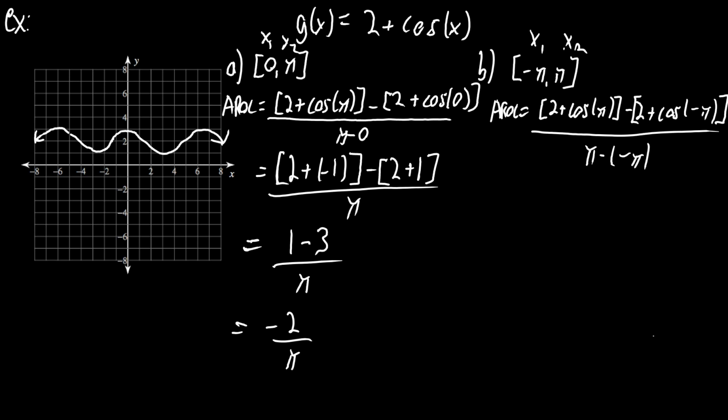Okay. Simplifying all this, we're going to have 2 plus negative 1, just like in our previous example, minus 2 plus cosine of negative pi, which is just negative 1.